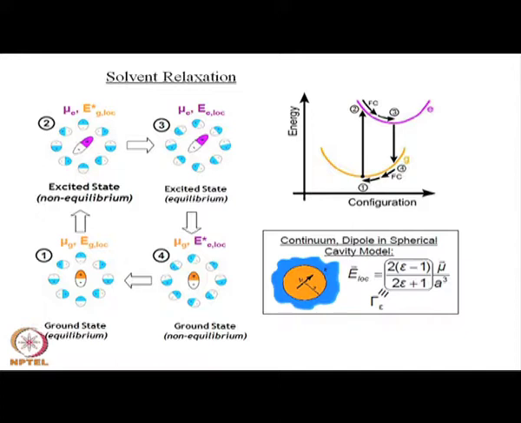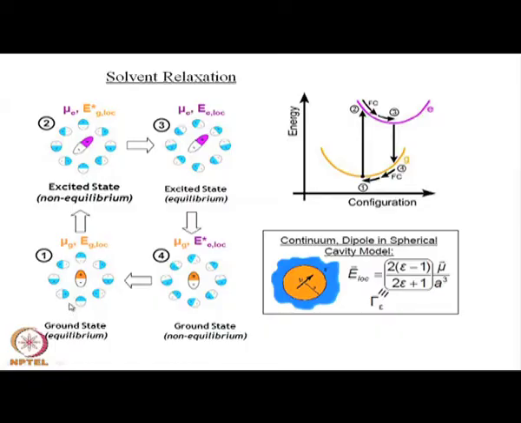So that is your ground state, denoted by equilibrium ground state. Why is it equilibrium? Because it is the lowest energy situation.